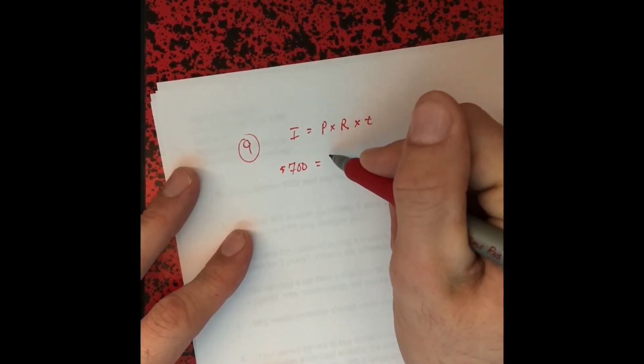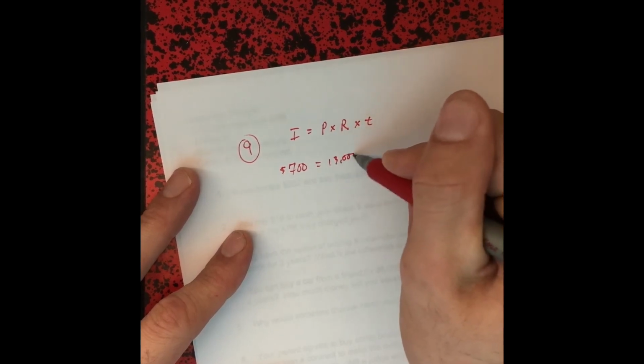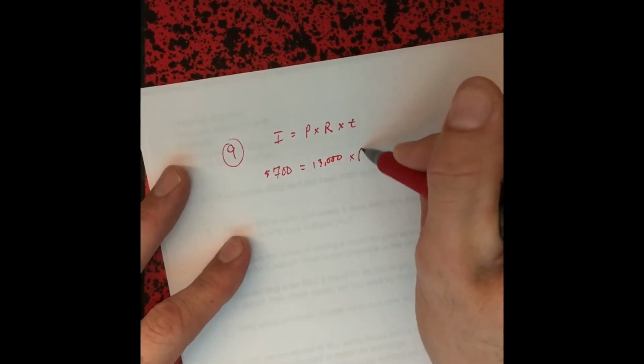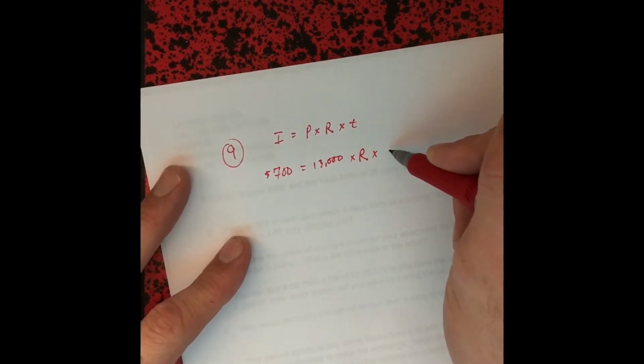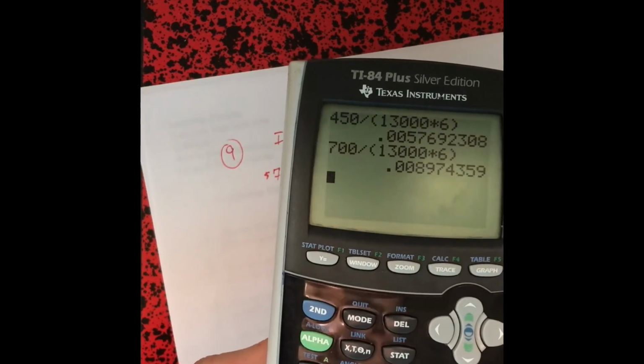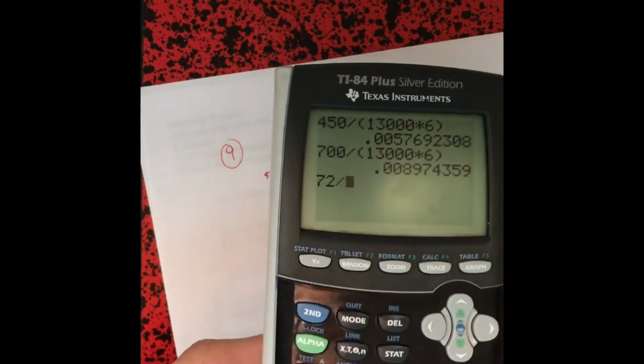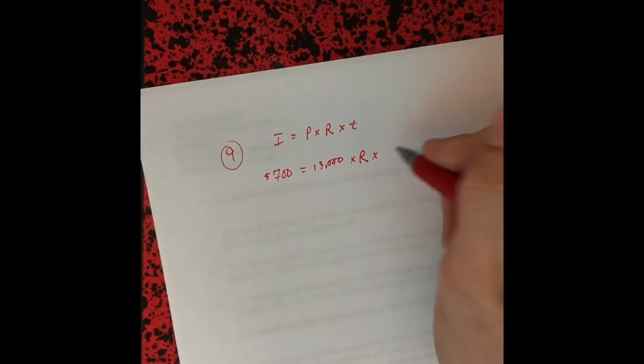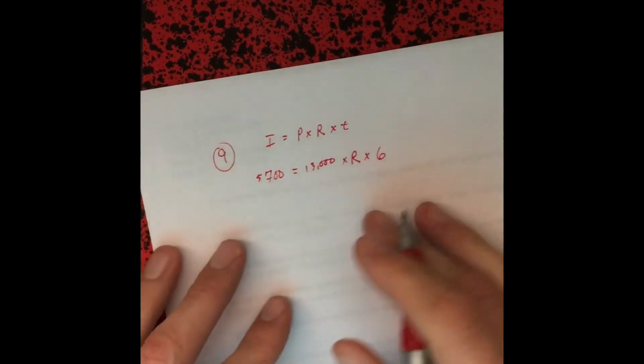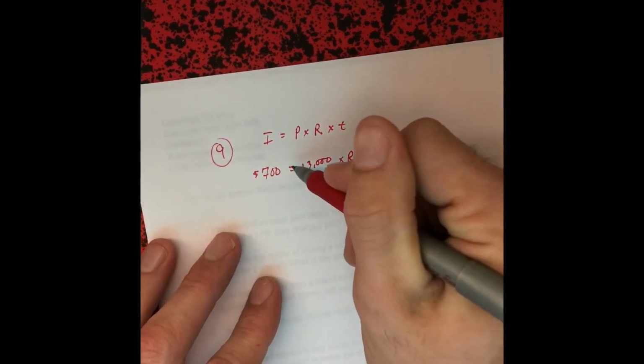Okay, so the interest, we pay $700 to finance it, and the car costs $13,000. And we're trying to find the rate. That's our unknown. And the time is 72 months. So 72 divided by 12 is 6 years. And simple interest time is always in years.